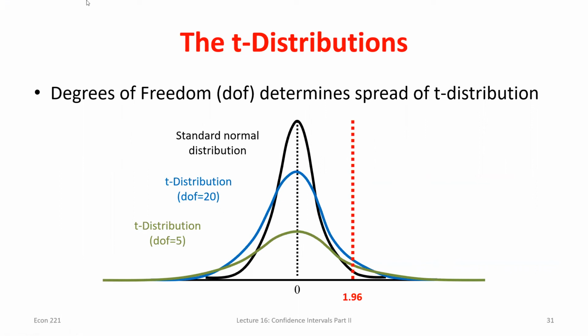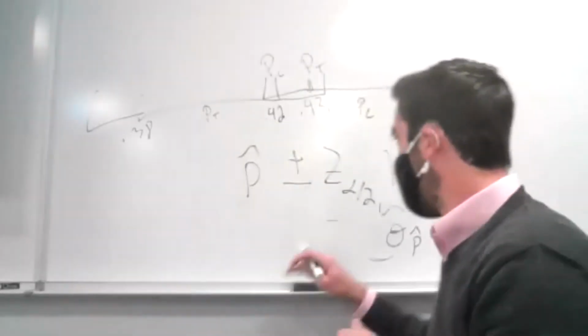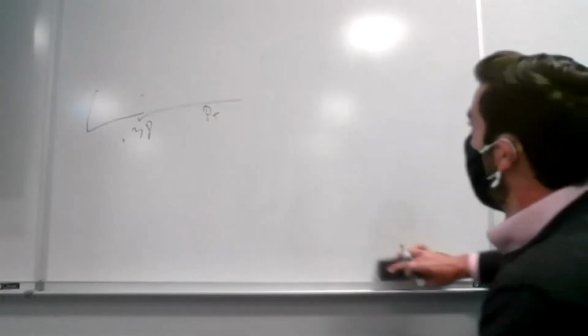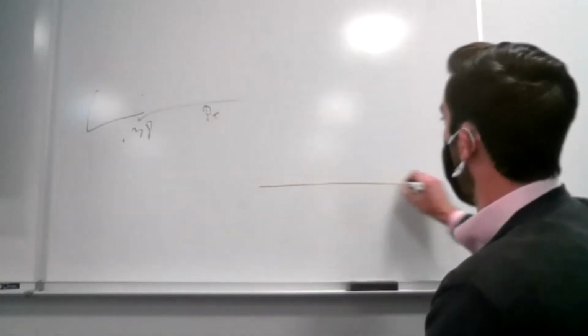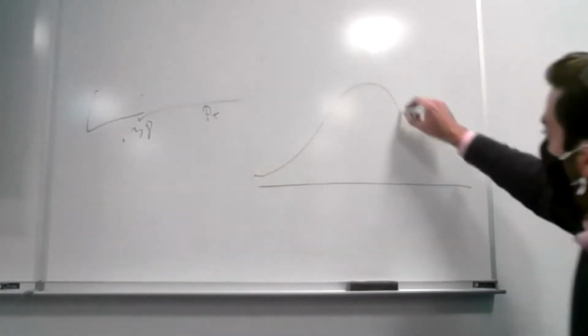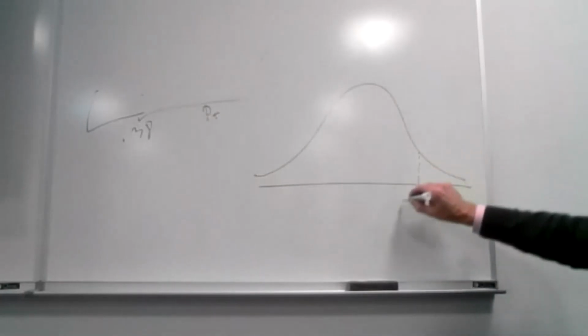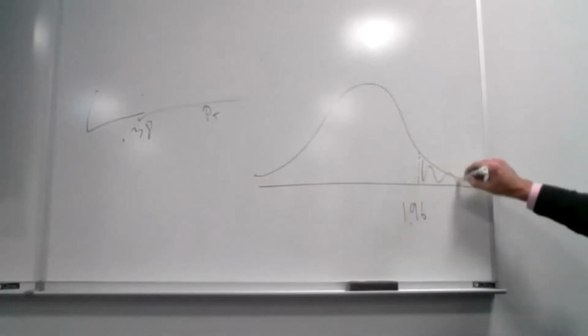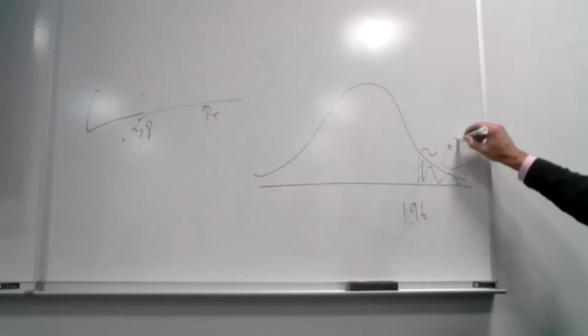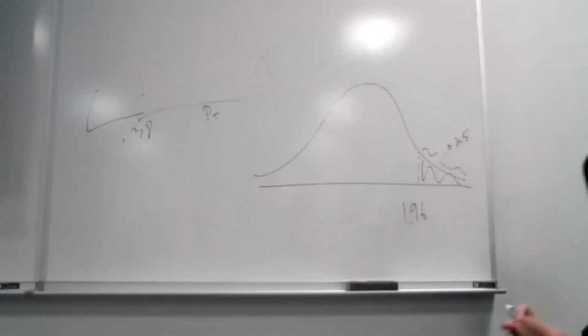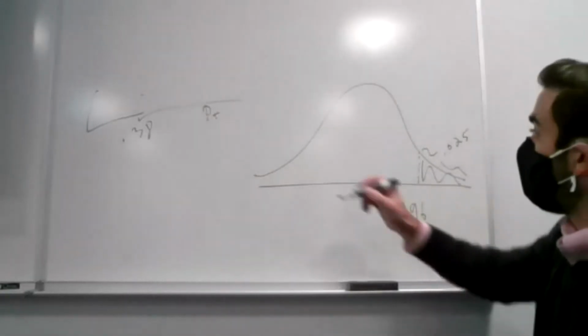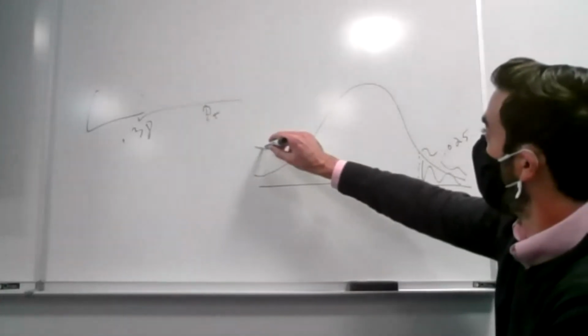I've got a board behind me, so let's do that. I want to really hammer this point home, and I don't really like how close those were. So let's say I've got my standard normal distribution. This area is 0.025, right? Well, I know for student t, it's going to be flatter, so I'm going to really exaggerate this.